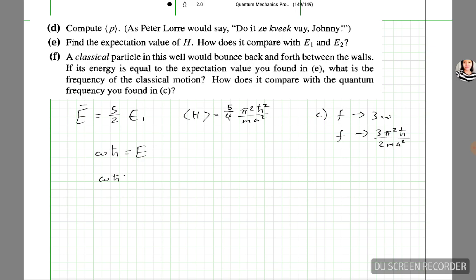Then I have frequency times h bar equals 5/4 pi squared h bar squared over ma squared. So what I get here is the frequency is this, or I'm just going to call that frequency prime to distinguish it, or I get a slight difference from what I had before.